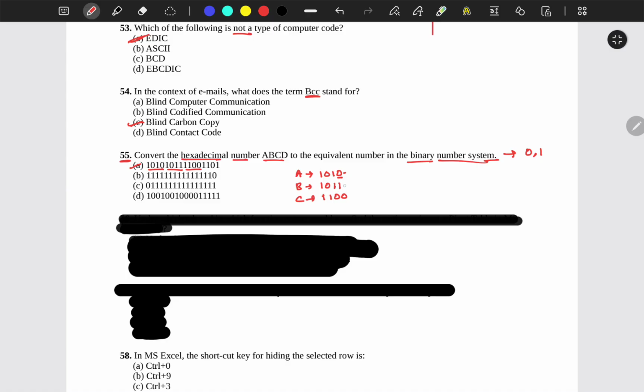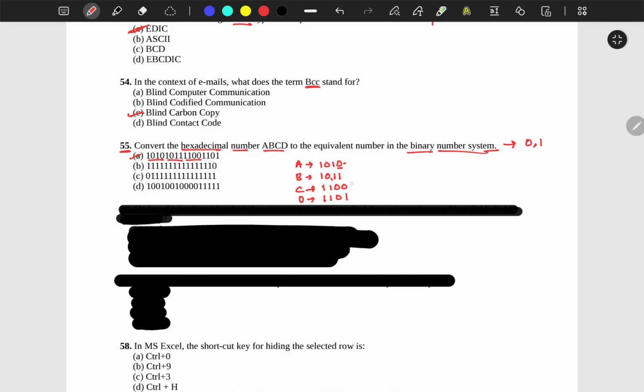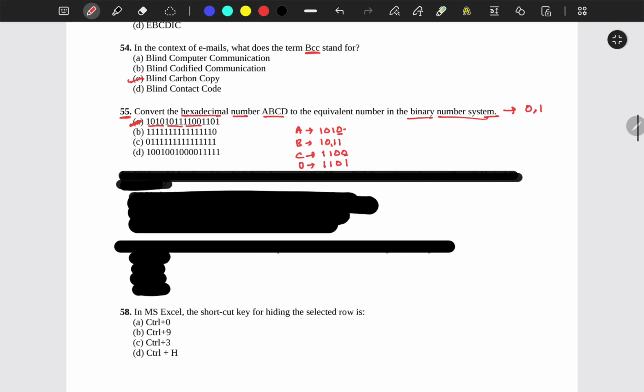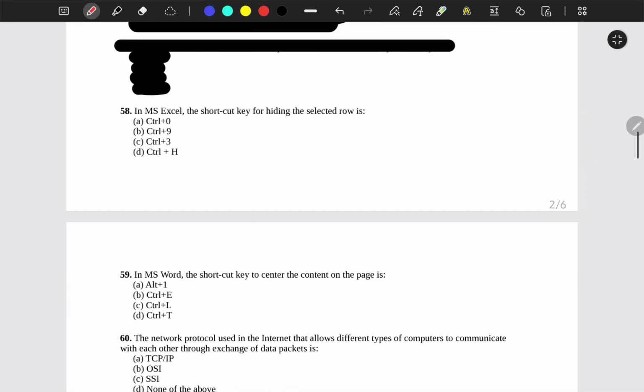So D would be 1101. So now we can change this into 1. So this is how it is written. So basically A is the correct answer here.